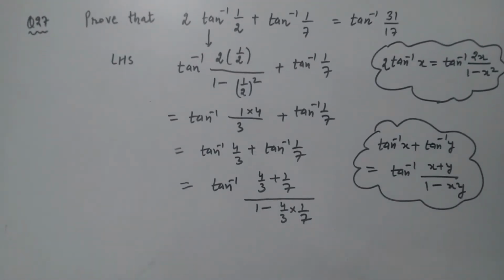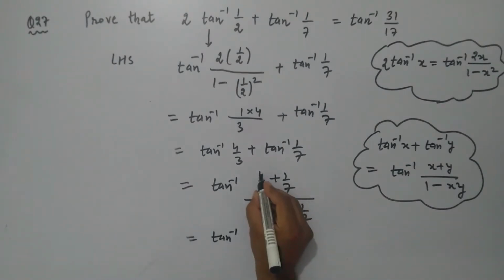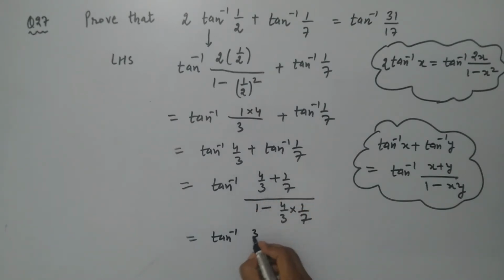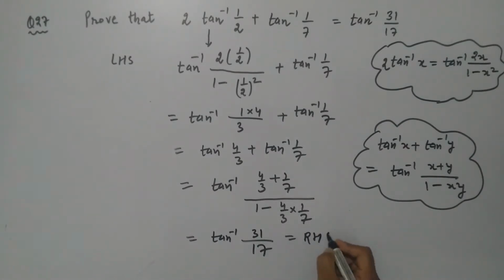So next this becomes tan⁻¹ of (4 into 7, 28, plus 3, 31) divided by (7 into 3, 21, 21 minus 4, 17). So this way, this is the right hand side, hence proved.